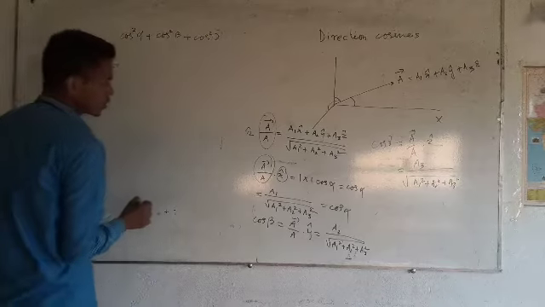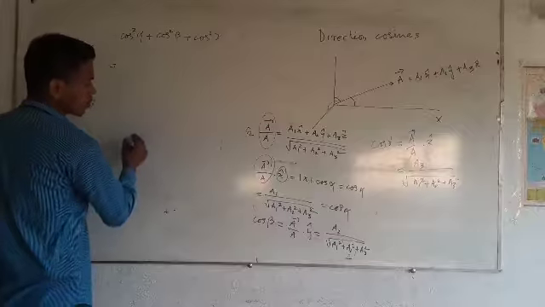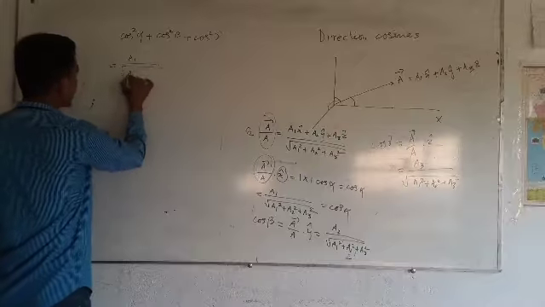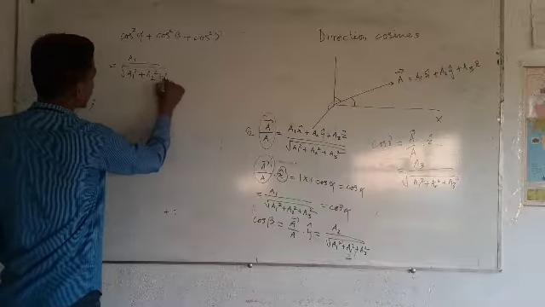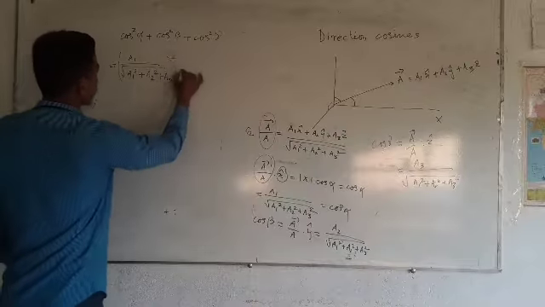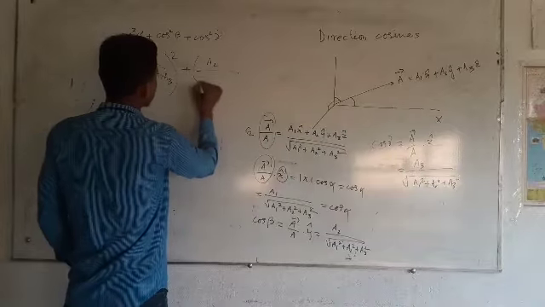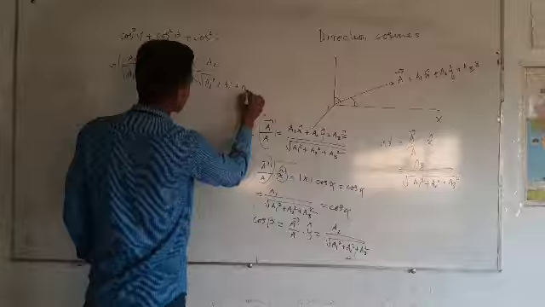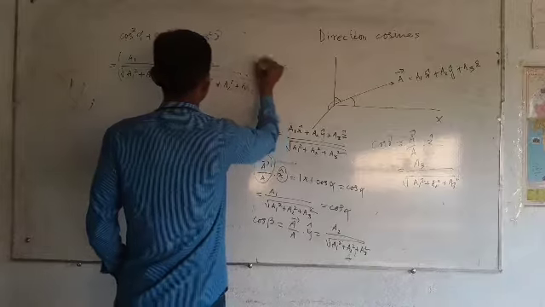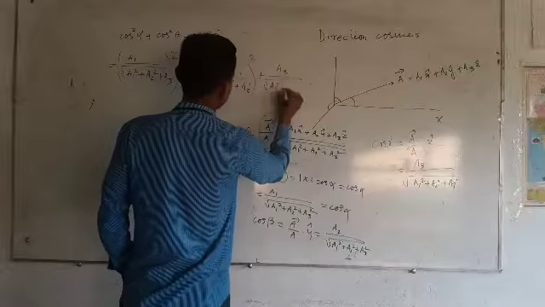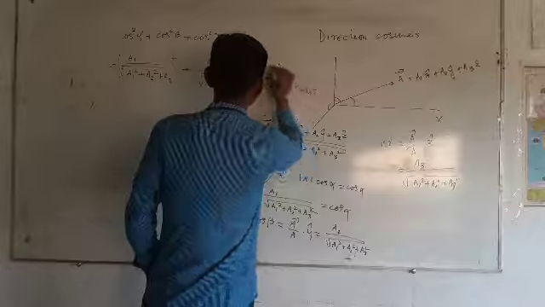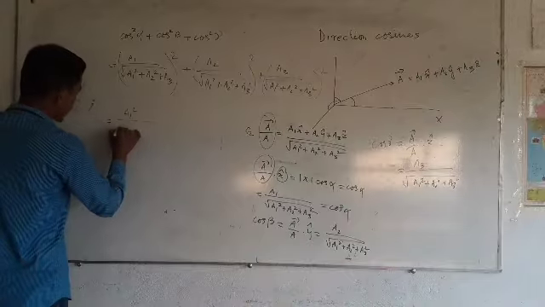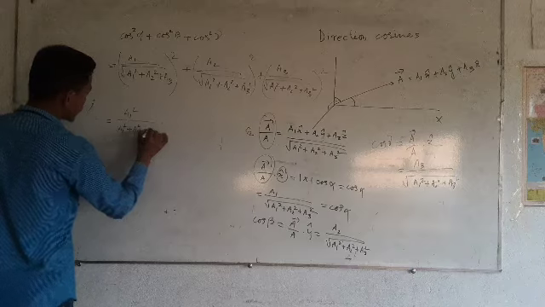This is equal to (A1 divided by root over A1 square plus A2 square plus A3 square) whole square, plus (A2 divided by root over A1 square plus A2 square plus A3 square) whole square, plus (A3 divided by root over A1 square plus A2 square plus A3 square) whole square. Taking the squares, we have A1 square, A2 square and A3 square, each divided by A1 square plus A2 square plus A3 square.